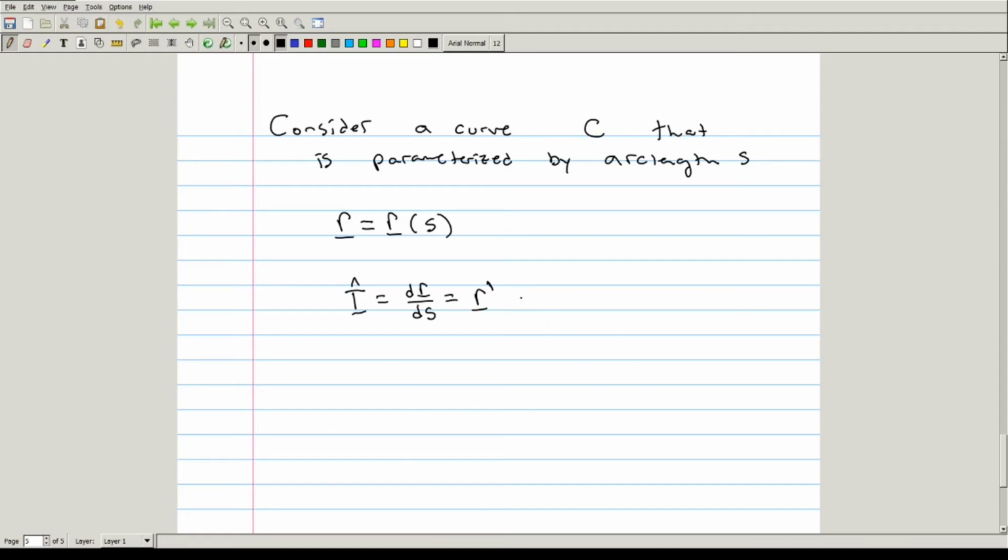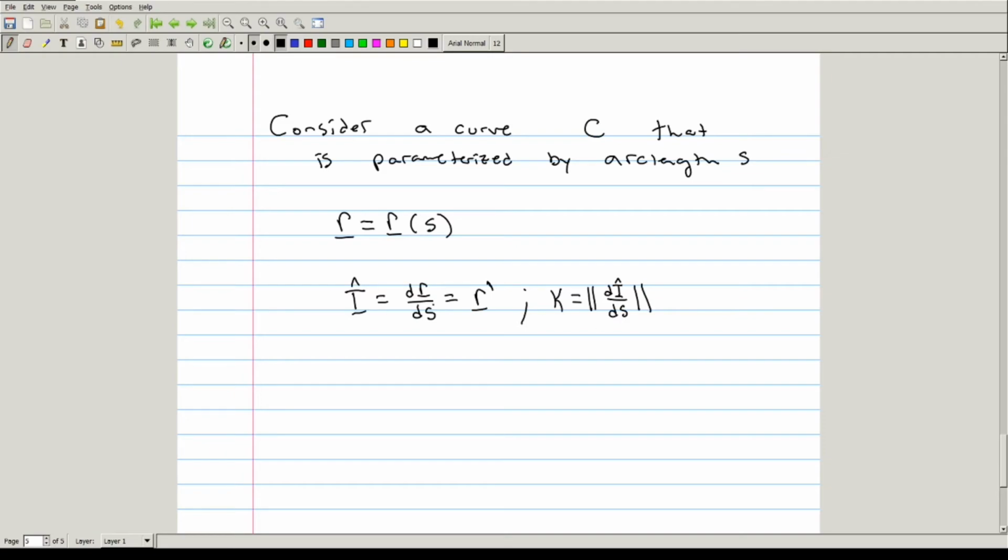Furthermore, remember that we define the curvature of a curve, the curvature function at any point, to be the magnitude of the rate of change of t with respect to s.